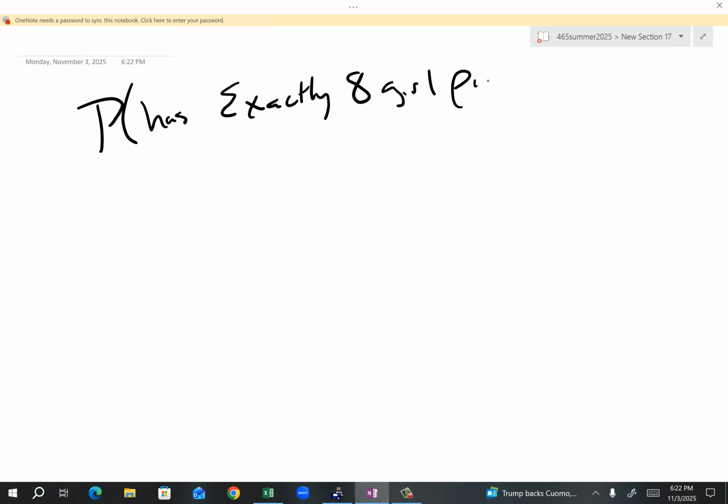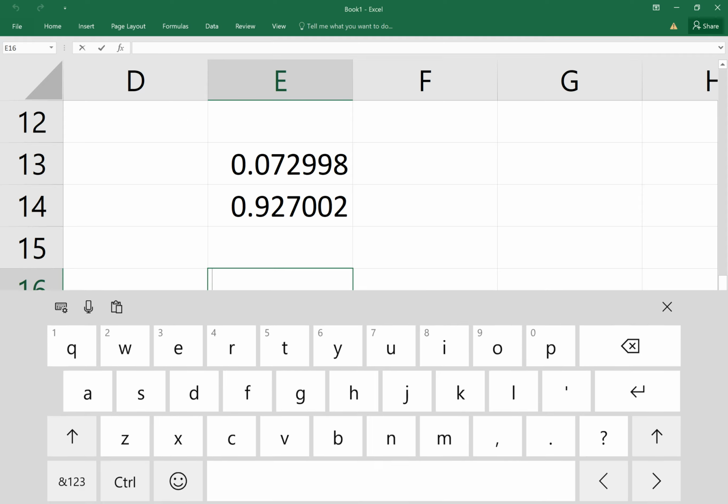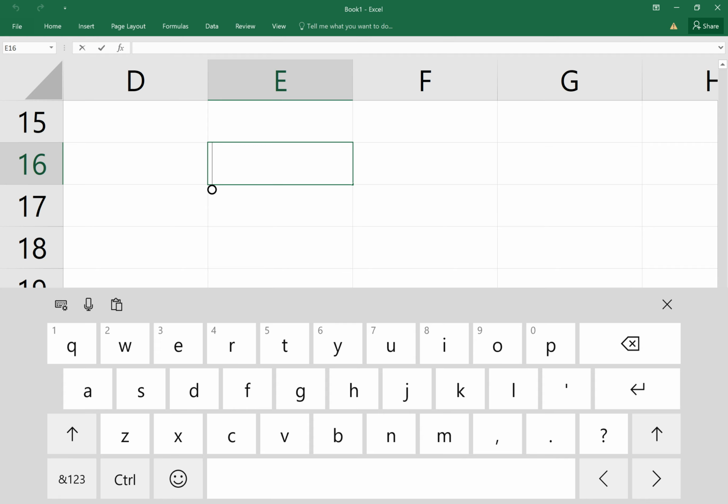Mr. Graham, what's the probability that your sow has exactly 8 girl piglets? Whoa, Groom, that's a PDF. Why? Because of the word exactly. So I'm literally going to come into here and go equals binom.dist.